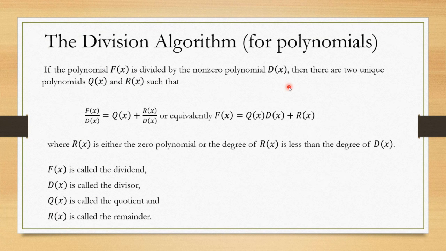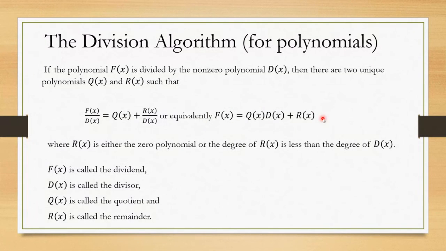Then it turns out there are two unique polynomials, q of x and r of x, such that f of x divided by d of x equals q of x plus r of x over d of x, which is equivalent to writing this.